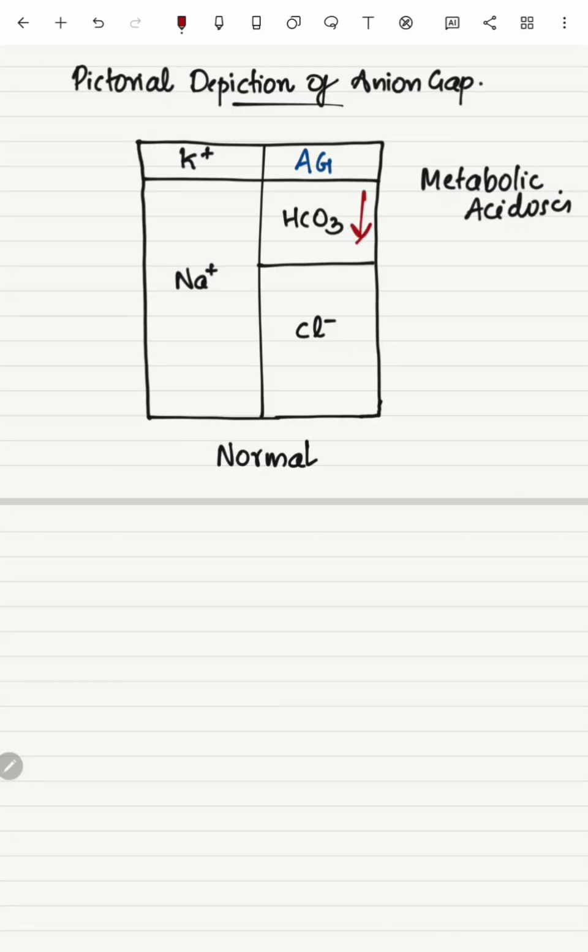So to maintain the anion gap, chloride anions have to increase in our body. So what if this is not happening? Then the anion gap will increase. This type of metabolic acidosis is known as high anion gap metabolic acidosis, otherwise known as HAGMA.